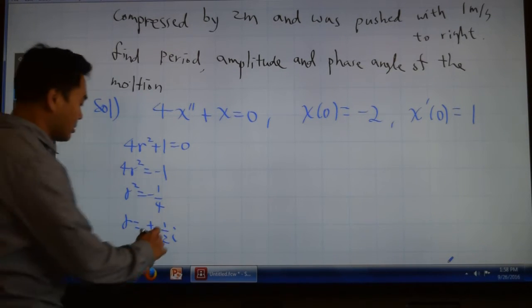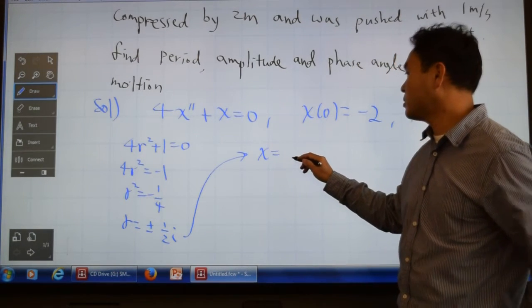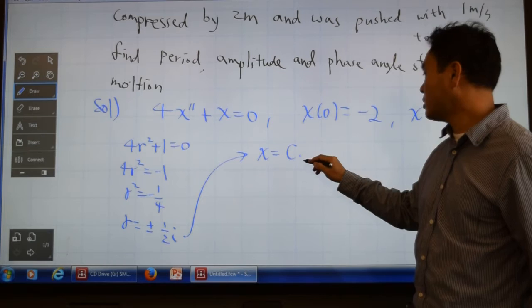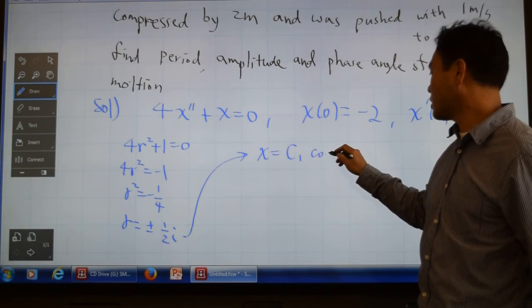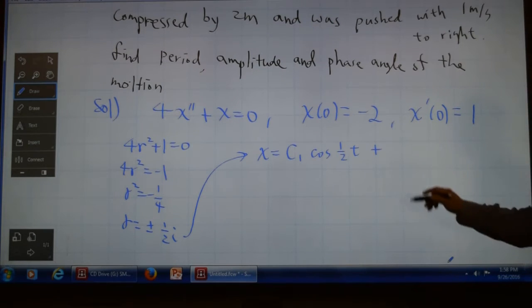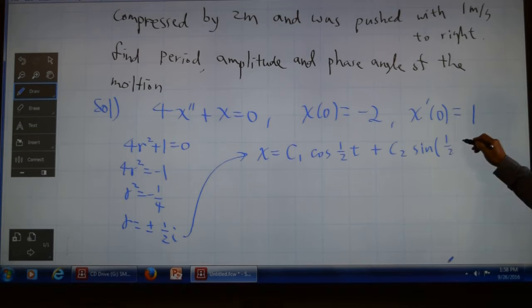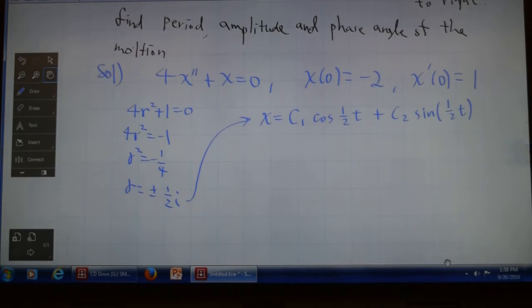So that means your x is C1 cosine 1/2 t plus C2 sine 1/2 t. This is a homogeneous equation. There's no need to find y particular or anything, so it's very easy.